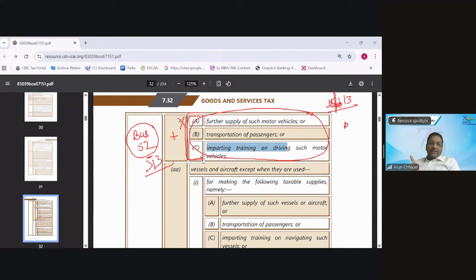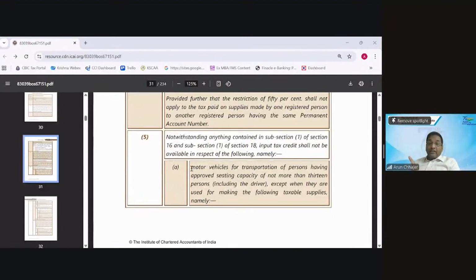In motor vehicle having less than 13 seater used for the transport, not used. Point to be noted, Sanjay. They have not taken the word used. Motor vehicle for transportation of person, not used. It means the motor vehicle itself has the permission for transportation of goods. There are two categories of motor vehicle, right?